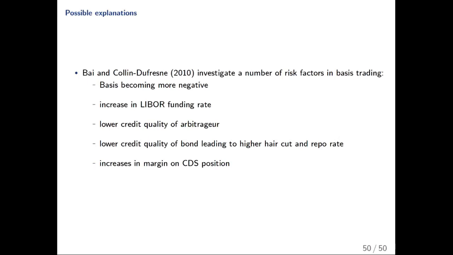So we don't have any slides on this, but there's a new push. At the same time as the Big Bang, the standardization process of CDS, there was also the push towards central counter clearing parties.